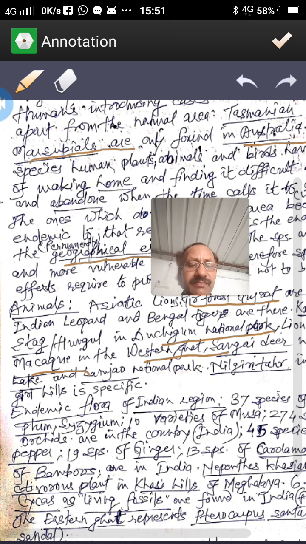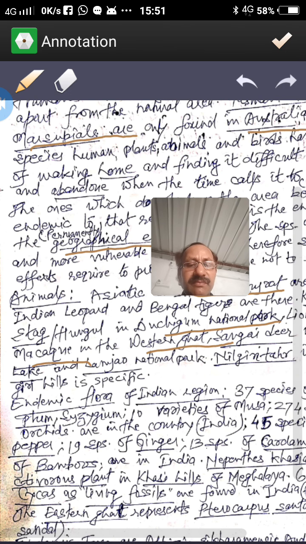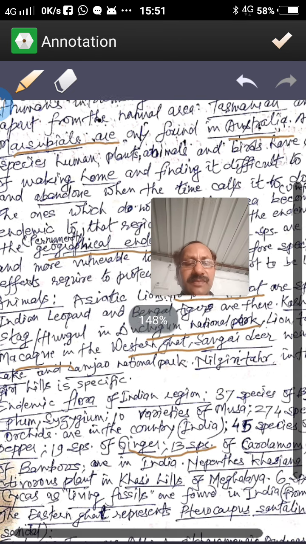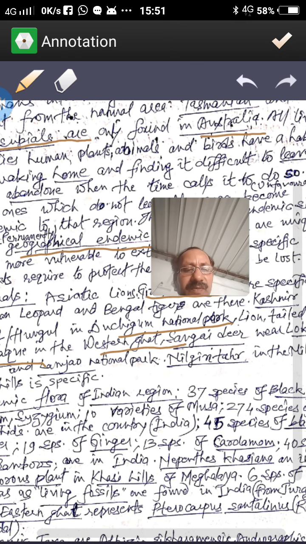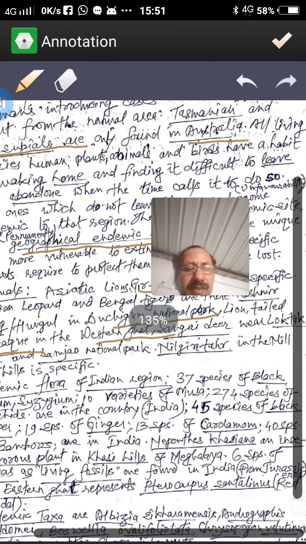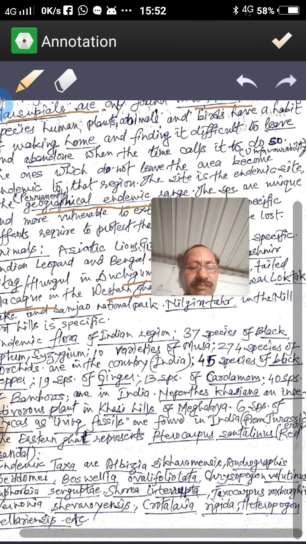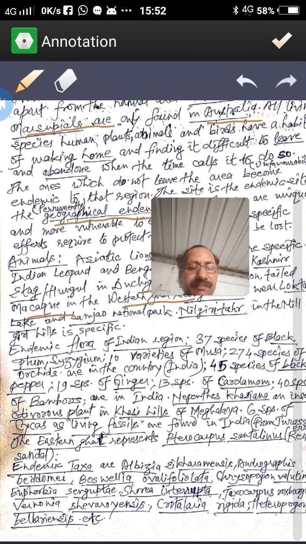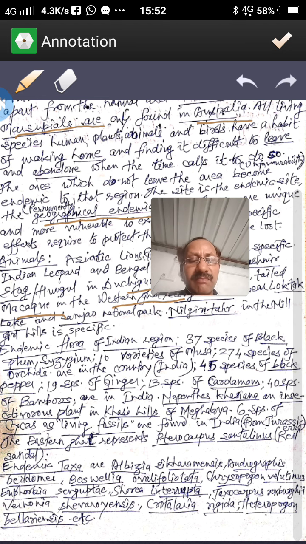Endemic flora, you see: 37 species of black pepper, black plum, Syzygium, 10 varieties of Musa paradisiaca, 45 species of black pepper, 19 species of ginger, 13 species of cardamom, 40 species of bamboos are in India.